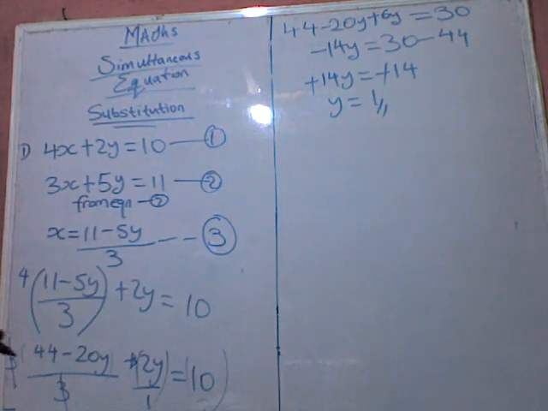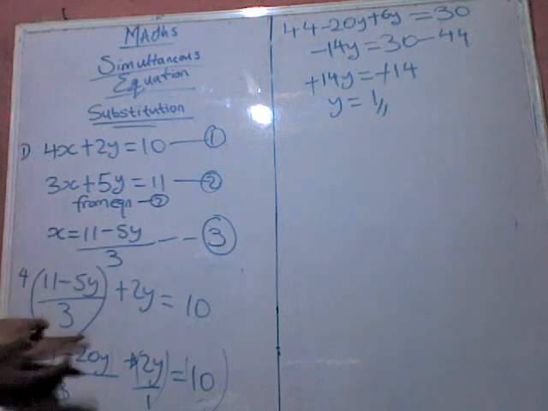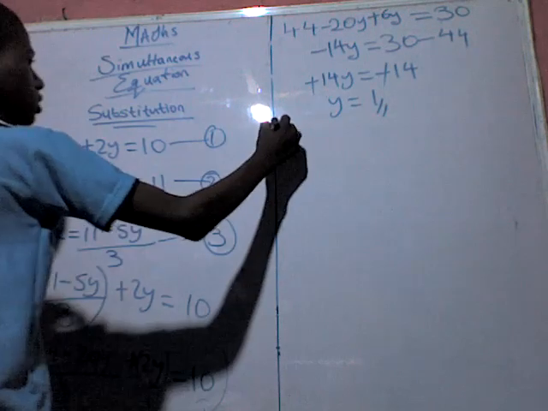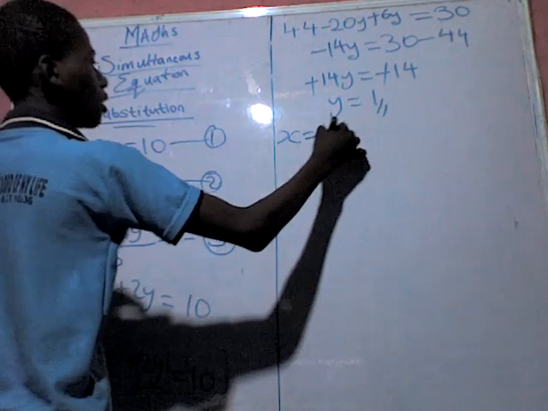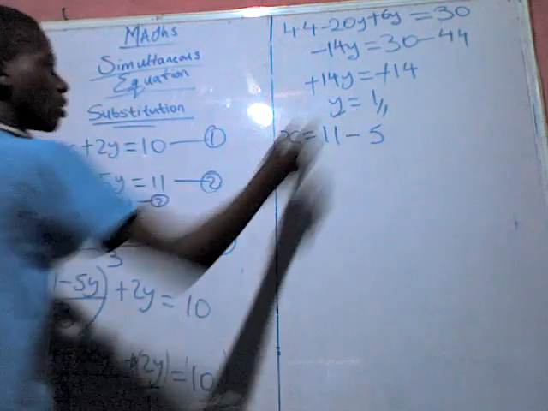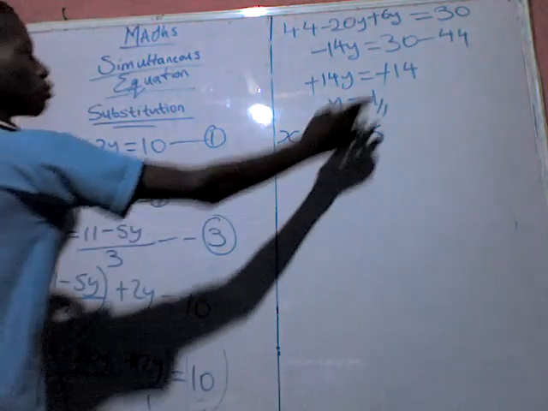Now, getting our y, it is very easy to continue solving. We just have to substitute our y into our equation 3 right here. So we have x equals 11 minus 5. Anywhere you see y in the equation, put 1.